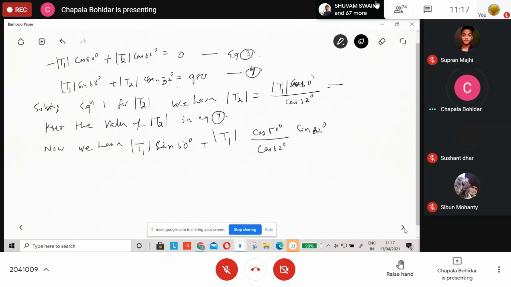Clear? It is equal to your value 980. Is it clear? Is it clear or not? I put this value of T2 here.